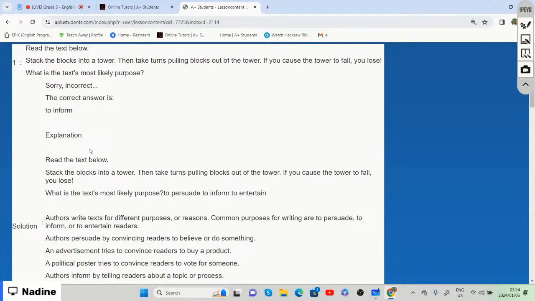And if you cause the tower to fall, you lose. So now we need to say what is the text's most likely purpose? What do we think the purpose is of this text? The purpose, is it to persuade? Is it to inform? Or is it to entertain readers?